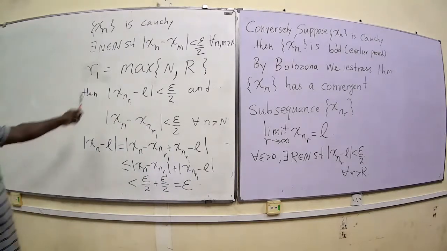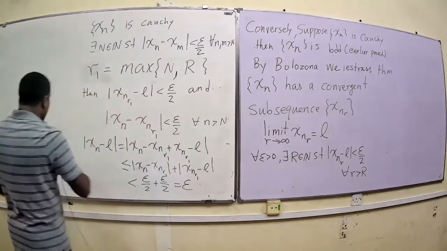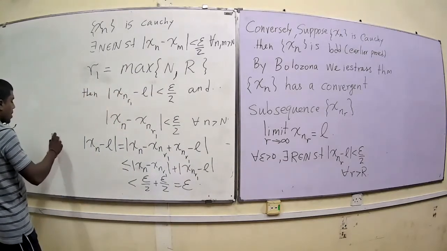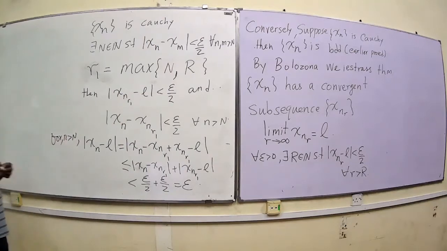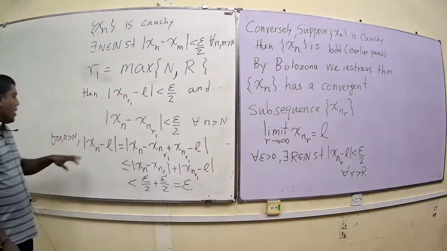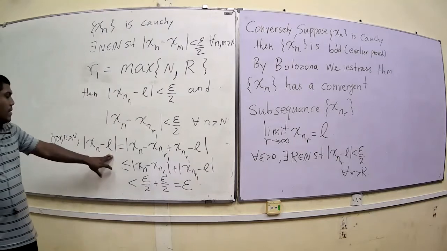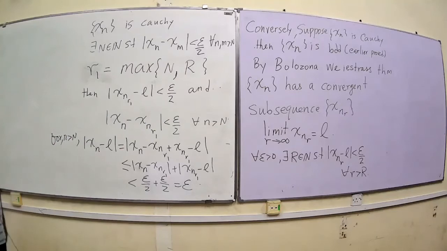So what you have is, for every epsilon positive, for some n greater than N, right? So for every epsilon positive, there exists N belonging to the natural numbers such that |xn minus L| is less than epsilon for all n greater than N. Right? So that is the definition for the limit.